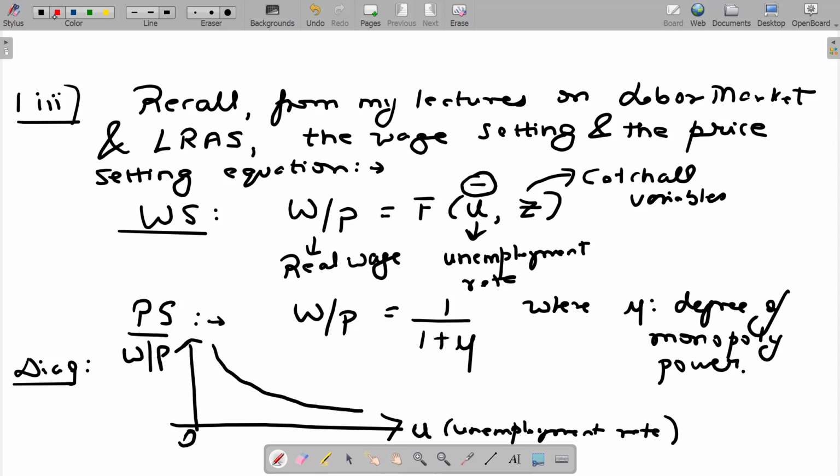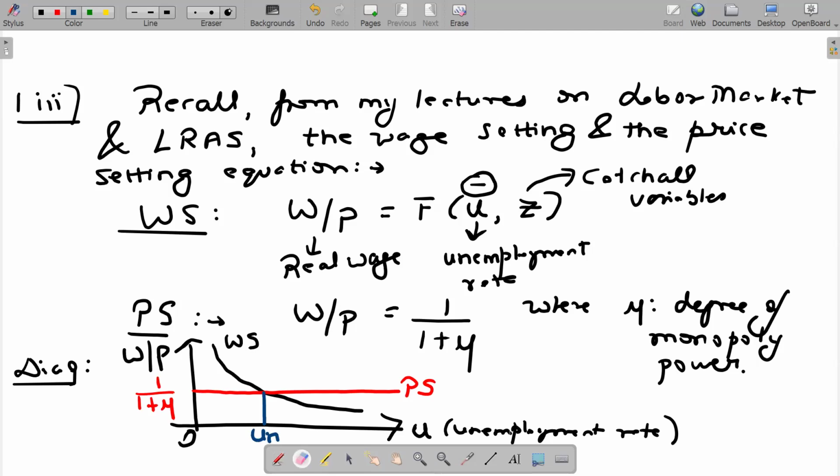And I have the price setting equation, which is a horizontal line, where W by P is equal to a constant 1 over 1 plus mu. The black one is my wage setting, the red one is my price setting. Their intersection gives me the natural rate of unemployment UN.